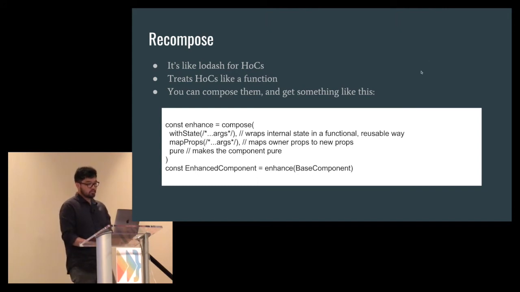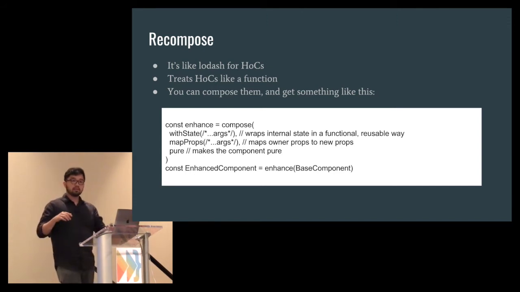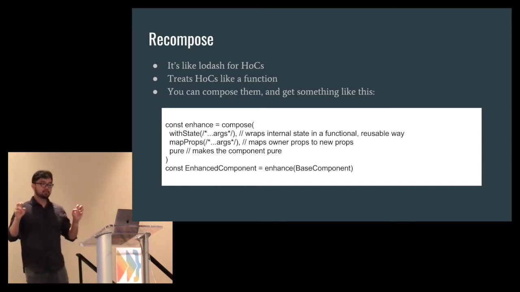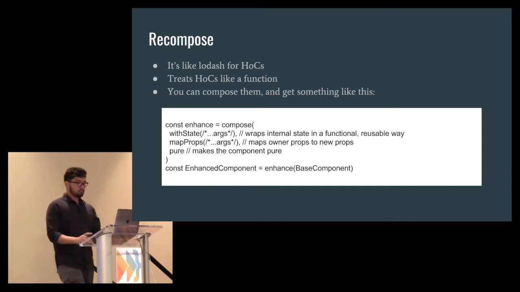In this example, we have withState. They also have mapProps, and pure, which makes the component really pure. Then you wrap the component by calling it like a function. You name the function enhance, pass the base component into enhance, and it outputs the enhanced component.